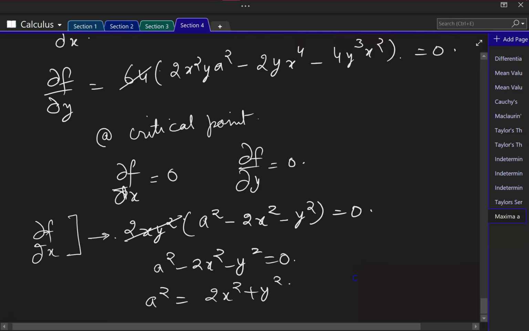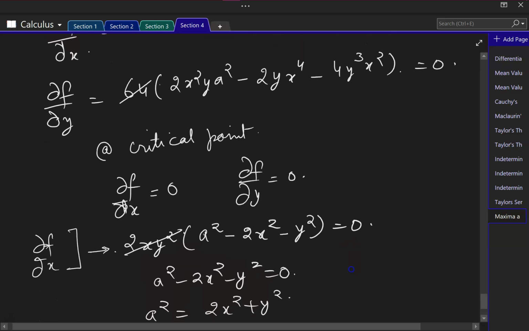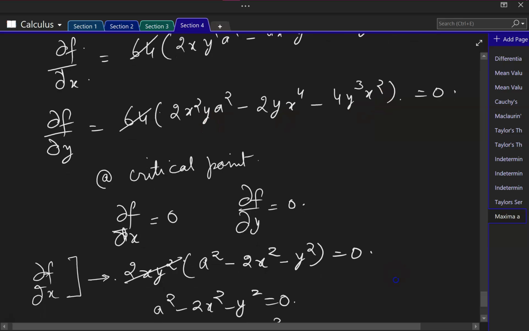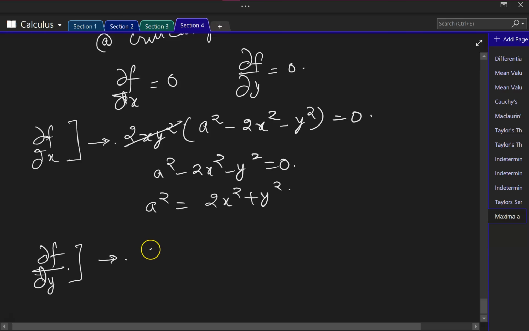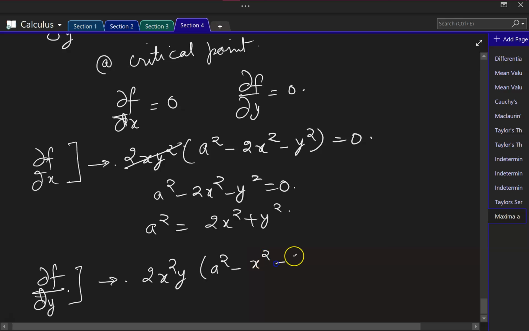Now let's take the other equation, dou f by dou y, and equate it to 0. Let's take common out in one step itself. 2x square y we can take it out, and we are left with a square minus x square minus 2y square equal to 0.